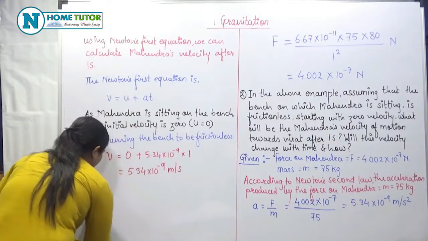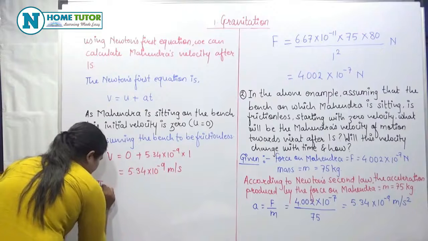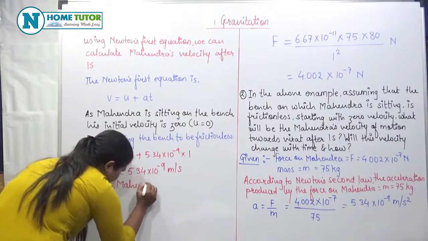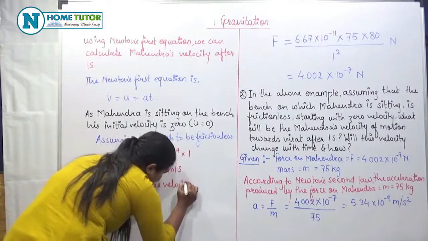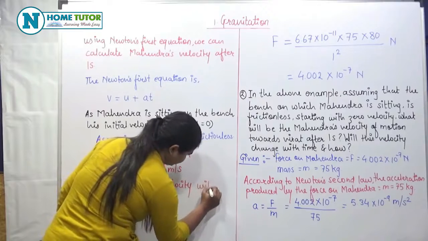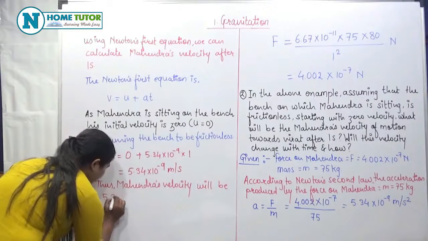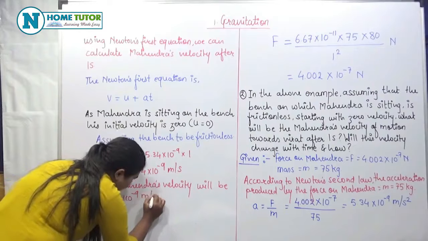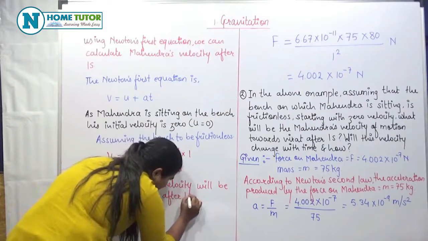So Mahendra's velocity will be 5.34 into 10 raised to minus 9 meter per second after 1 second.